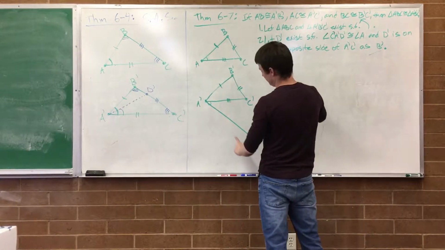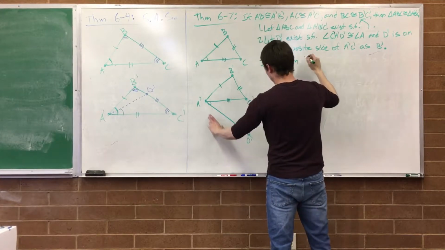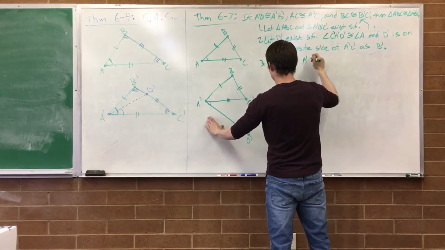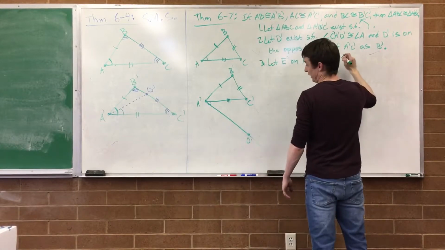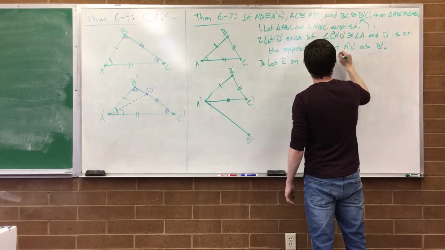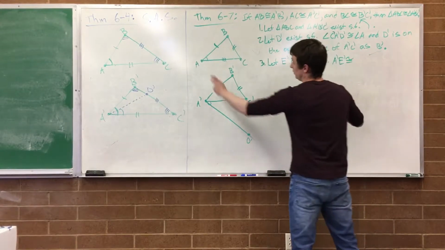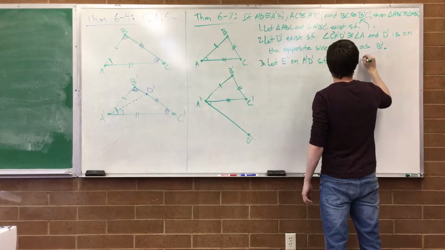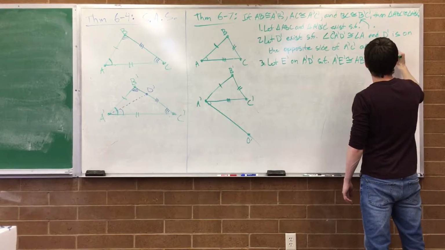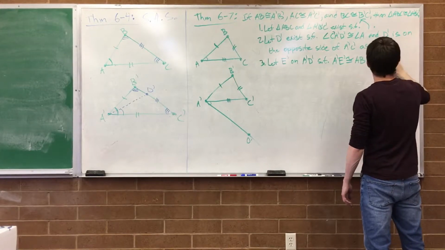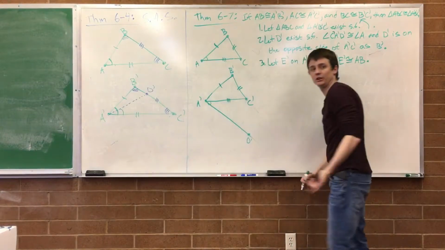Let E prime be on A prime D prime such that A prime E prime is congruent to AB and C prime. I'm not going to bother specifying that it's on the same side of A prime as D prime.